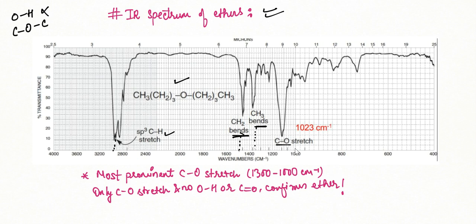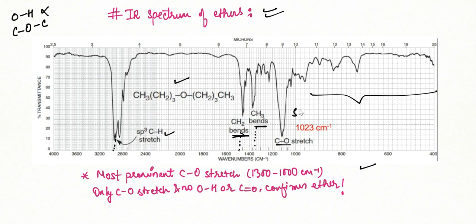Okay, what else do we see? I only see a carbon-oxygen stretching frequency, and the rest of the area is also very neat and clean. Basically, we are not having many bands for the ethers, right? The most prominent is the carbon-oxygen stretching frequency, which is around 1300 to 1000 centimeter inverse.